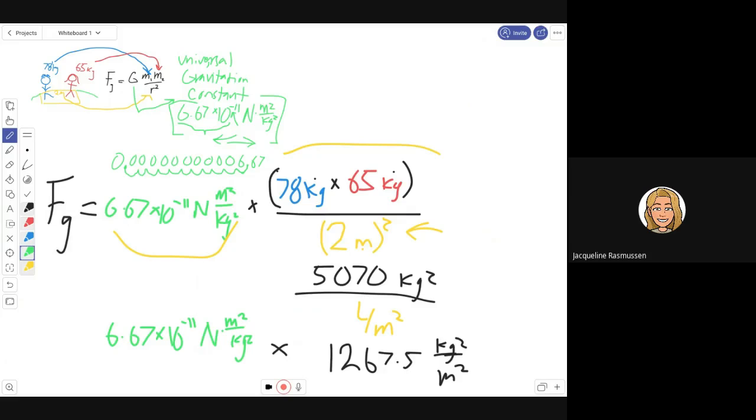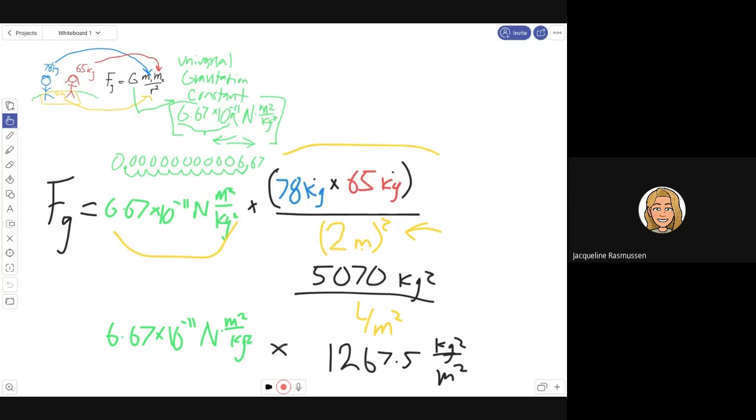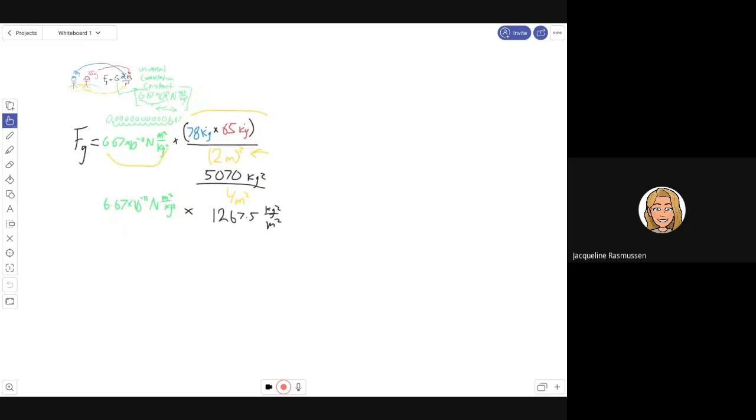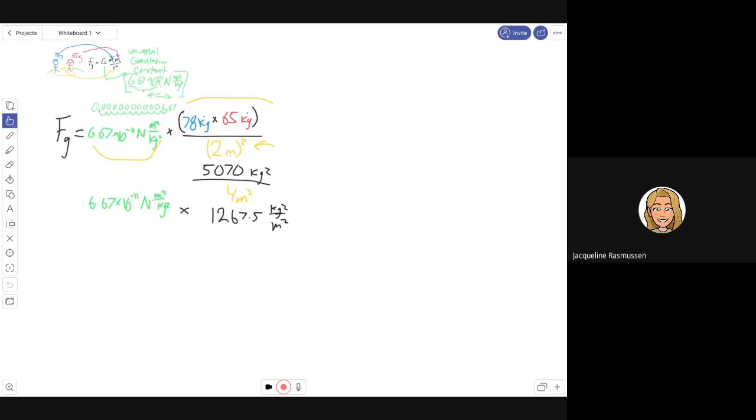There's times there. So let's go ahead and go to Google. We're just going to use Google, the search bar, as our calculator, and we're going to calculate this out. I'm going to move everything up for us so we have some space, and we're going to go to Google to figure this out.